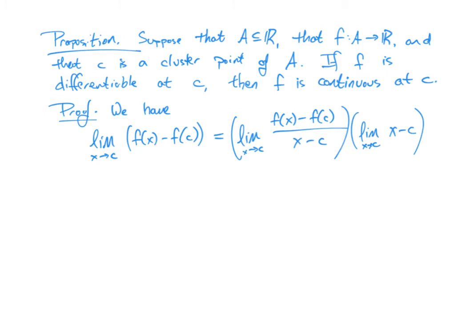And the product over here on the right is equal to the thing on the left because when we have two limits and we're multiplying them together, we can just take the limit of the product as long as all the limits involved exist. Well, on the right, we're getting f prime at c, but even more importantly, what's the limit as x goes to c of x minus c? That's 0.